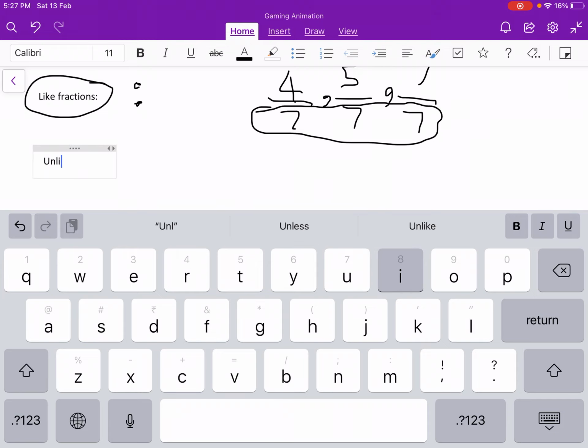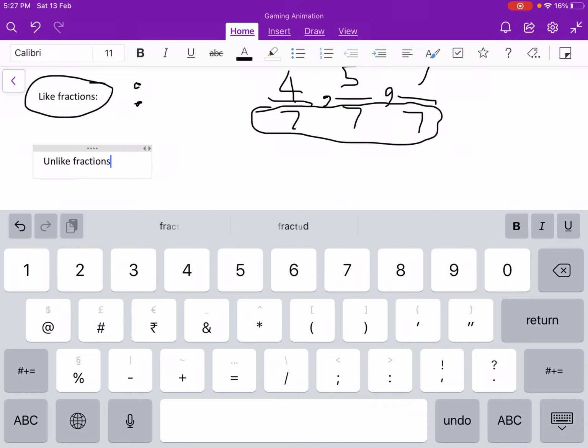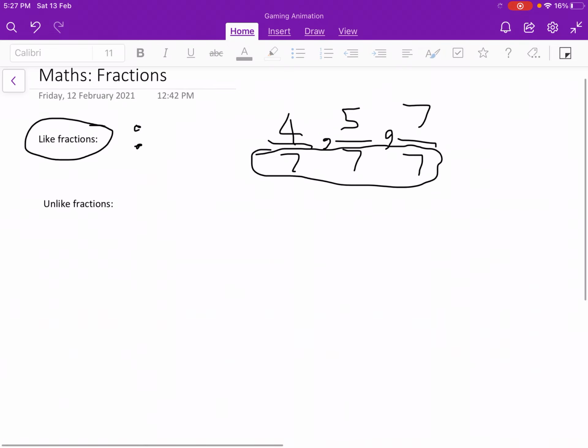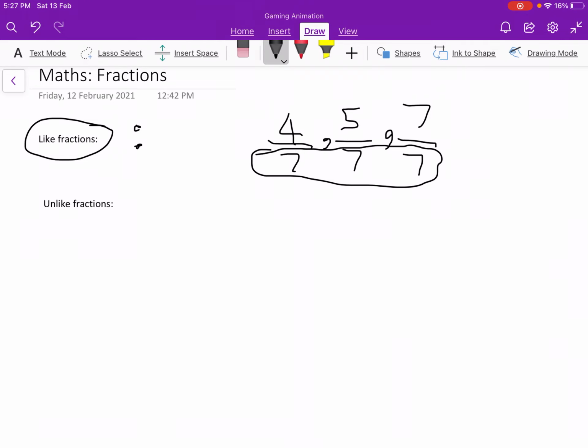unlike fractions. So what is unlike fractions? Unlike fractions is probably the opposite of like fractions.